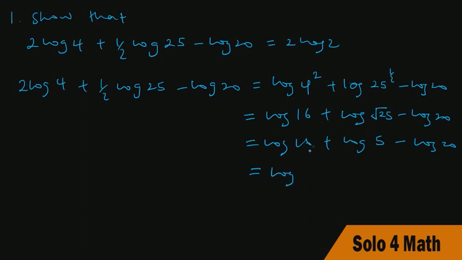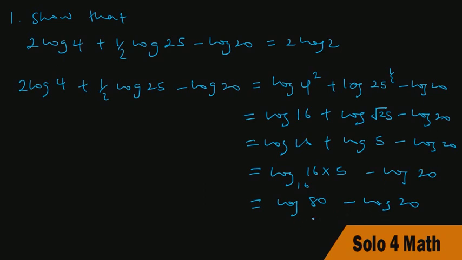So we have log 16 times 5, base 10, minus log 20. So this would give us log 80 minus log 20.